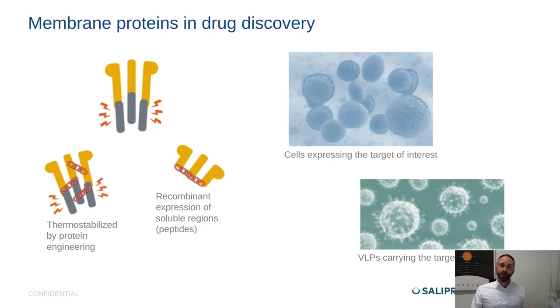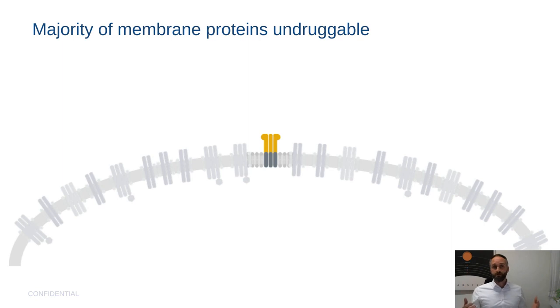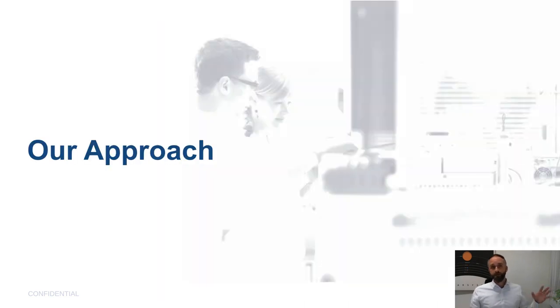In general, there are a lot of really interesting membrane proteins out there which could be great drug targets. But with the current approaches, those membrane proteins are very often undruggable, because you can't really work with them due to this lack of stability and functionality. That's when we tried to find a solution for this major problem.